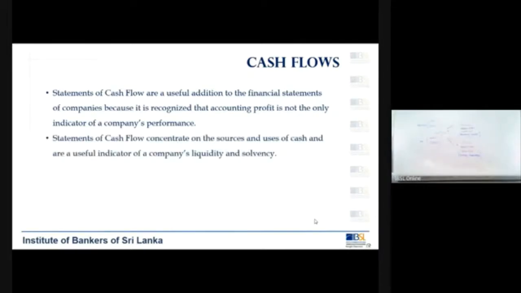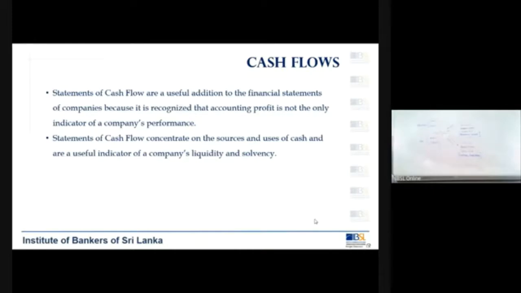Statements of cash flow concentrate on the sources and uses of cash and are a useful indicator of a company's liquidity and solvency. So when you look at a company, you need to know how this company is getting money or cash. That is called the sources. The sources from which the company is getting cash or financing.